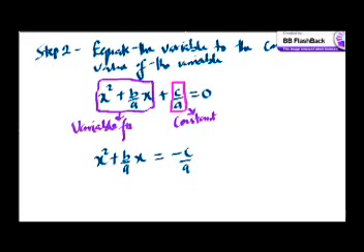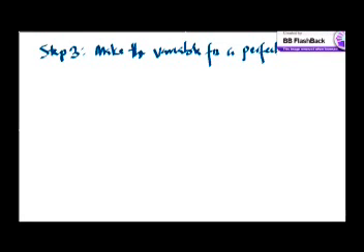Then we'll move on to step 3. Step 3 says make the variable function a perfect square. Already what we have is x squared plus b over a x is equal to minus c over a.